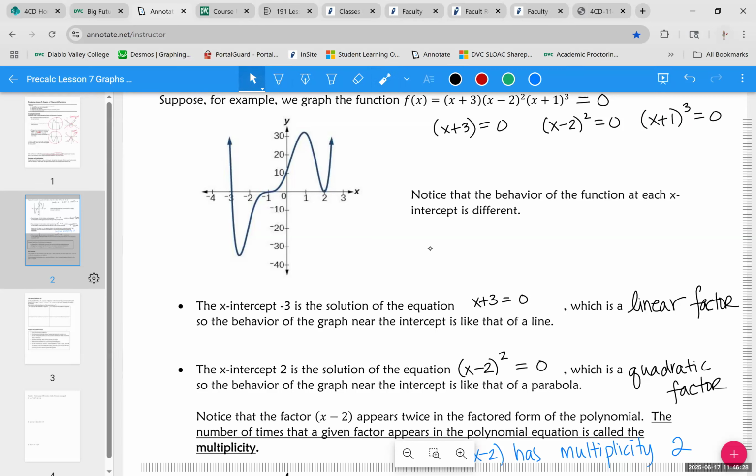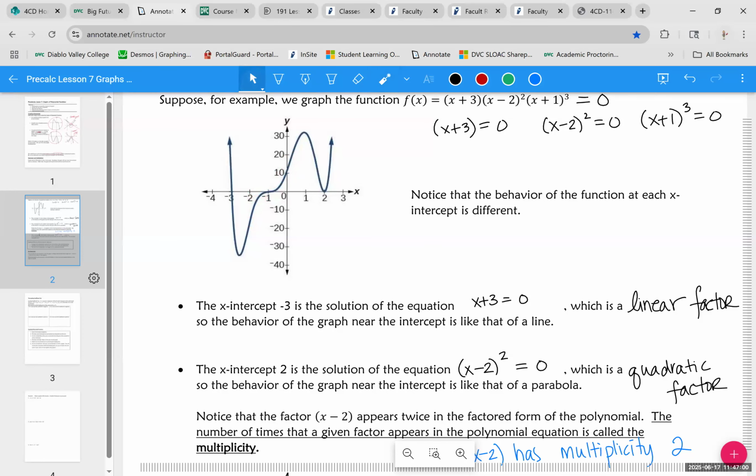Okay. And what we see in the graph is it does cross, similar to what happens here at -3, but it doesn't do it in a kind of a linear fashion. It's more of a curved fashion. That is similar to the behavior of y equals x to the third, but we're going to see that in the next lesson. So that piece will look more familiar when we look at the y equals x cubed function, but the y equals x cubed function really does just basically do this shape.